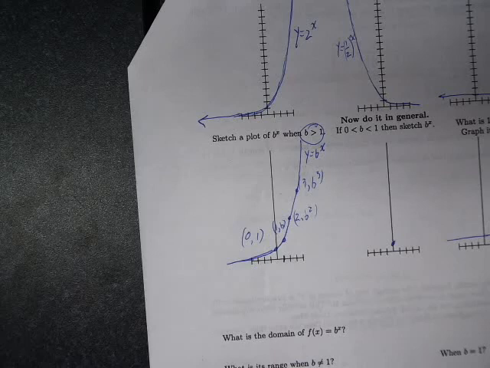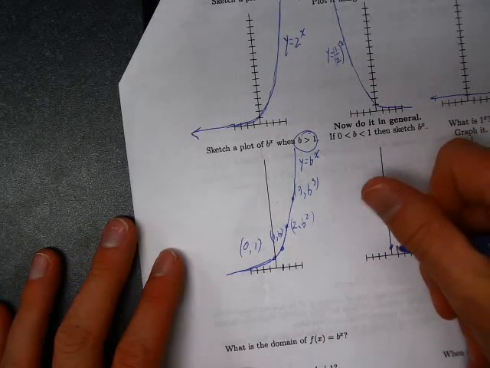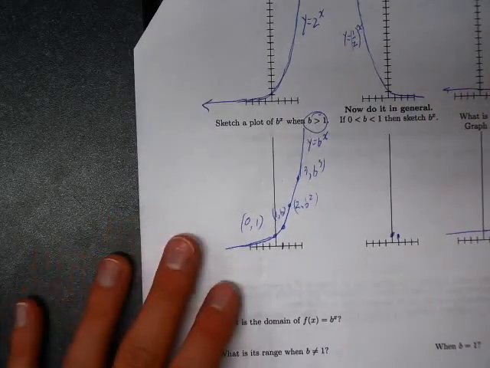If you take a number that's less than 1, say 3/4, what's 3/4 raised to the 0th power? 1. Anything raised to the 0 is 1. What's 3/4 raised to the first power? 3/4, which is slightly less than 1. What's 3/4 to the second power?